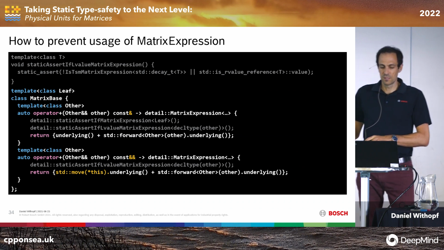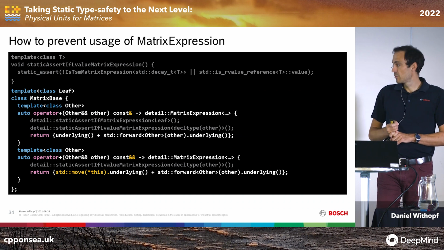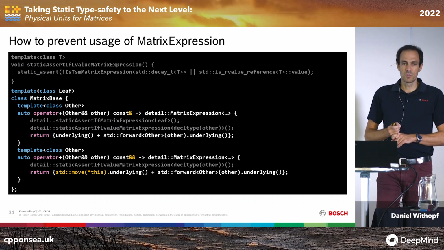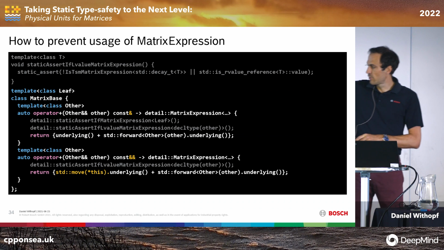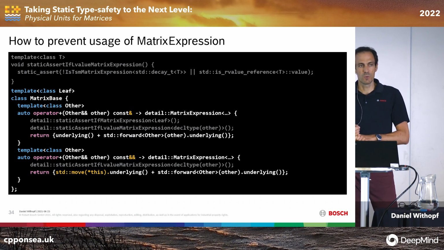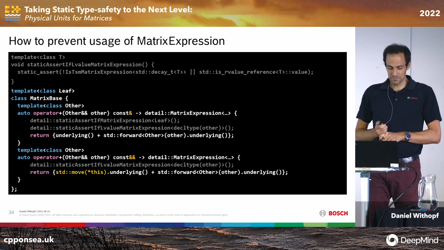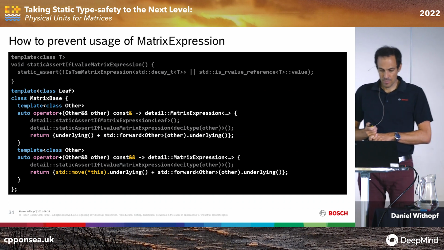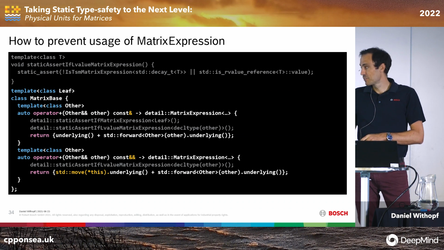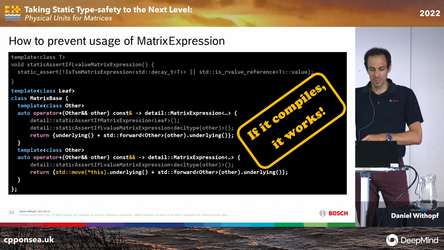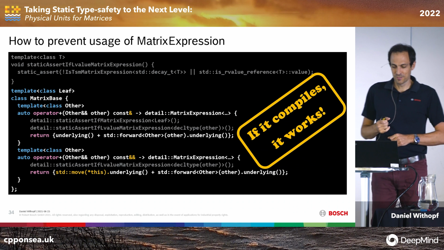That's also a nice feature of the paper Deducing this, which made it into C++23, which can be used to write these two methods in a generic way. So you can deduce the implicit this argument to all methods automatically with that. It's a really nice paper. Read up on it if you need it for something like this. And again, as I mentioned, this is also an example of my slogan: if it compiles, it works.